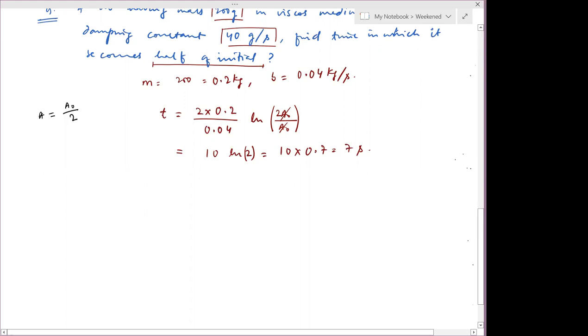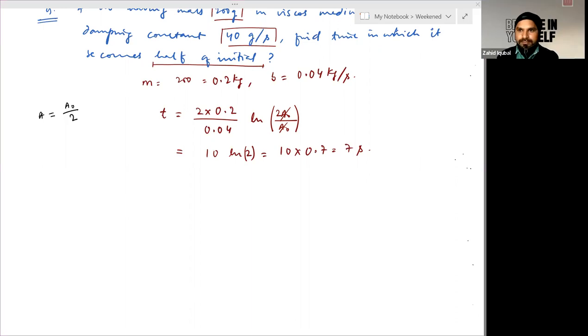Yes, sir. Okay. Now there was a question. A spring balance has a scale that reads 0 to 50 kg. The length of the scale is 20 centimeter.